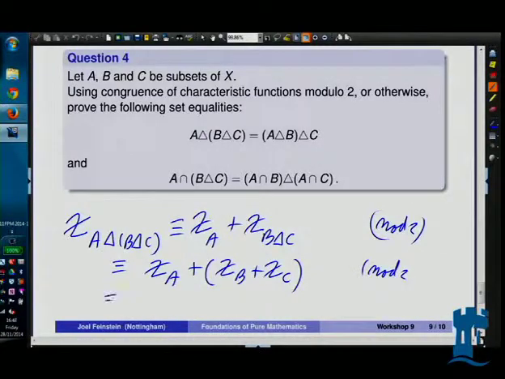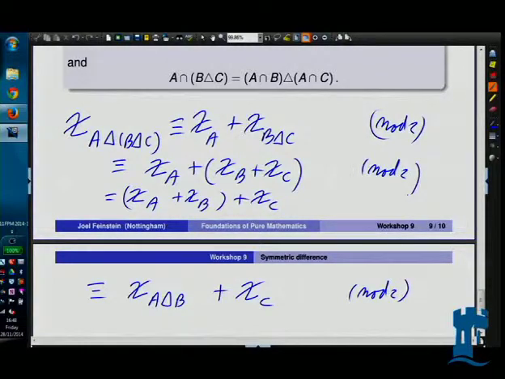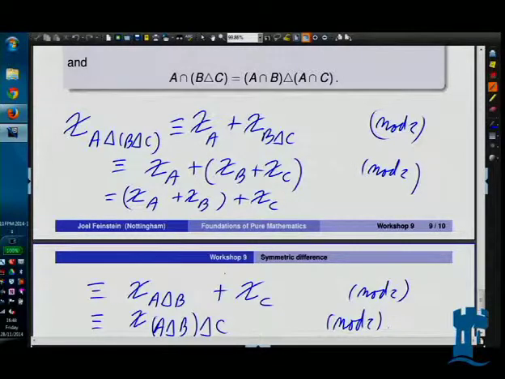But that's equal to the characteristic function of A plus the characteristic function of B plus the characteristic function of C, because that's what you get when you add functions, which is congruent to the characteristic function of A triangle B plus the characteristic function of C mod 2, which is congruent to the characteristic function of A triangle B triangle C mod 2. These two characteristic functions are congruent mod 2, so the sets are the same.